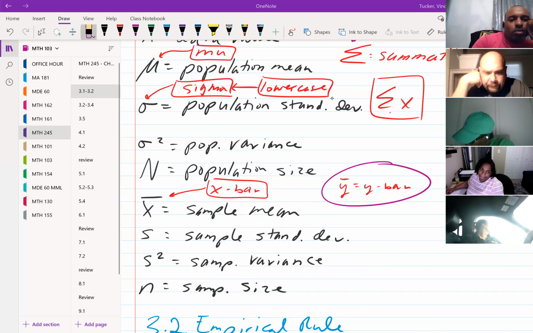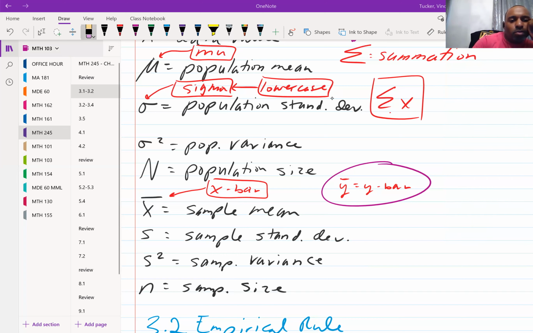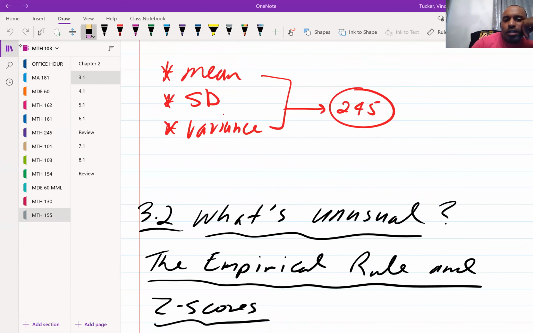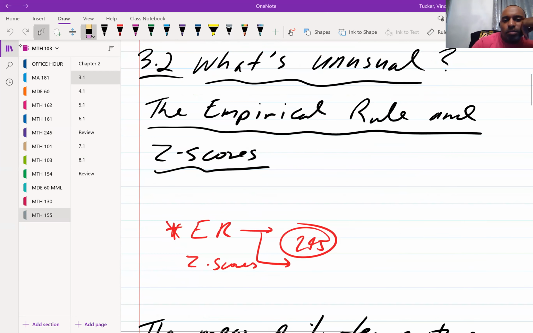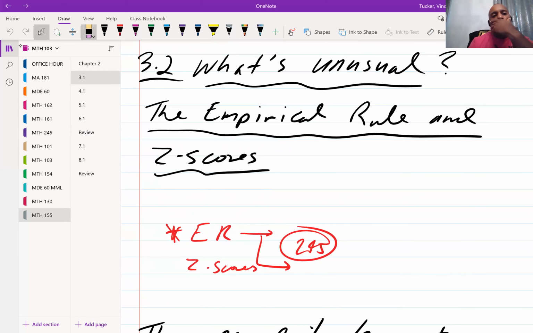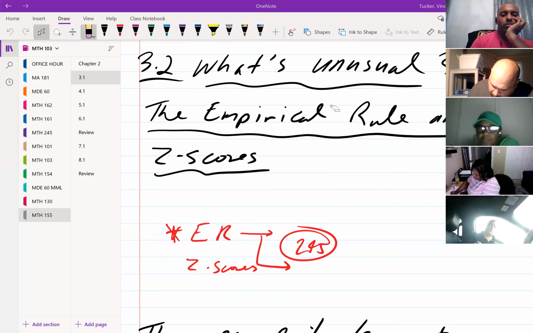All right, so I believe we're ready to look at 3.2. So 3.2, what's unusual? The empirical rule and z-scores. Once again, don't copy that.